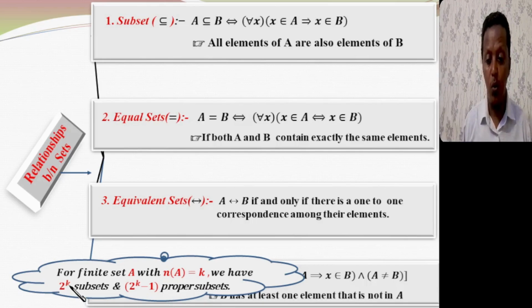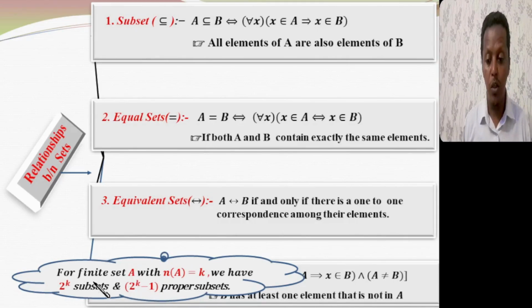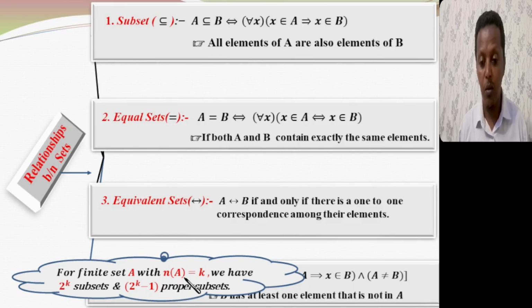So we subtract 1 from 2 to the power of k. Based on this, you can determine the number of subsets and the number of proper subsets of a given set.